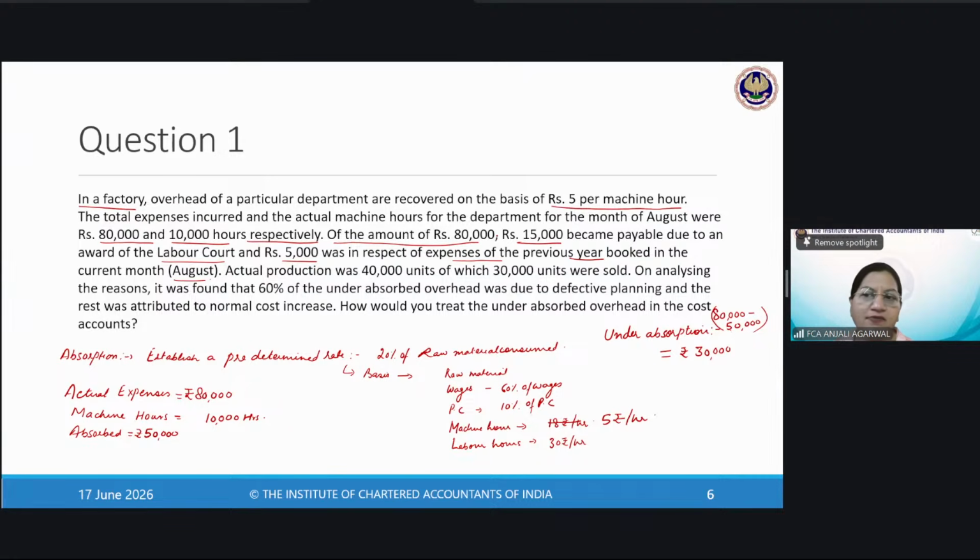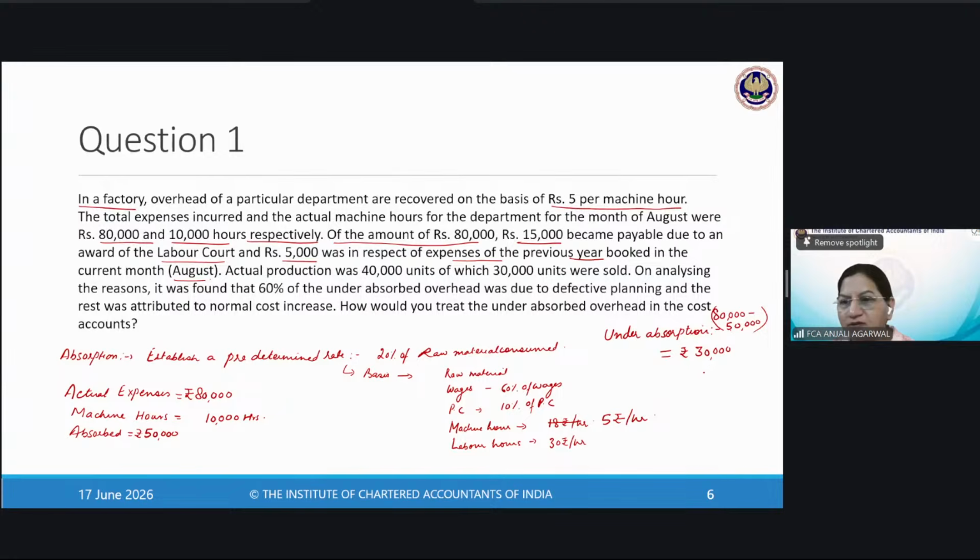Labor court is where a dispute is raised with the labor, and the labor court has awarded the decision in favor of the workers, and 15,000 has to be paid because of that. Now, every year there cannot be a labor dispute. So this is something abnormal.